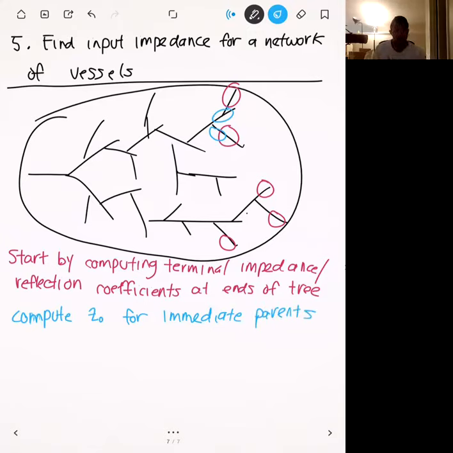Compute the Z naught for the immediate parents, and then from that you can compute the reflection coefficient of that vessel. And if you can compute the reflection coefficient, you can compute the input impedance of that vessel.